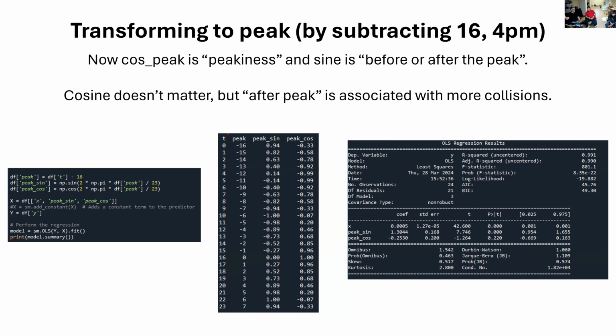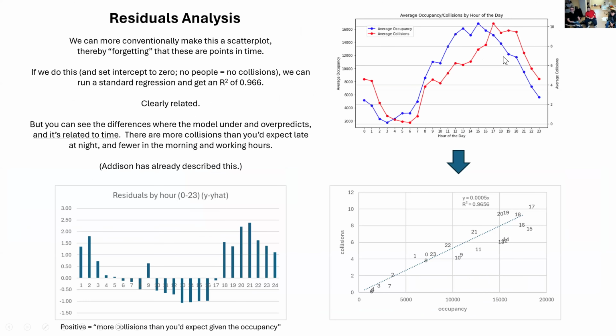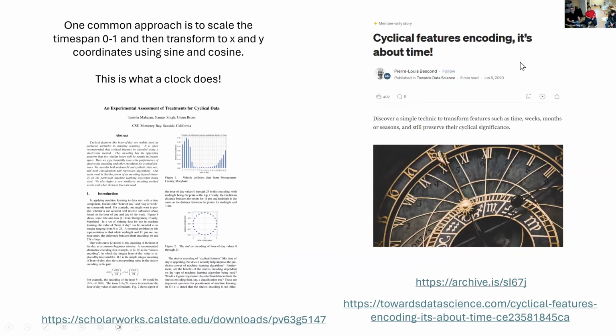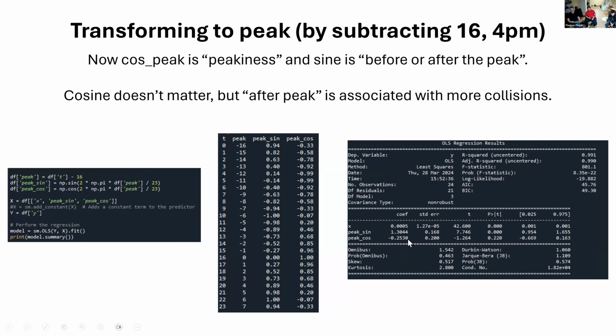But before peak and after peak does. I'm going to jump back here, and that's what you see here. Before the peak, occupancy exceeds collisions, but after the peak, collisions exceed occupancy. And that's what's being captured in the sign, before peak, after peak. Does that sort of make sense?